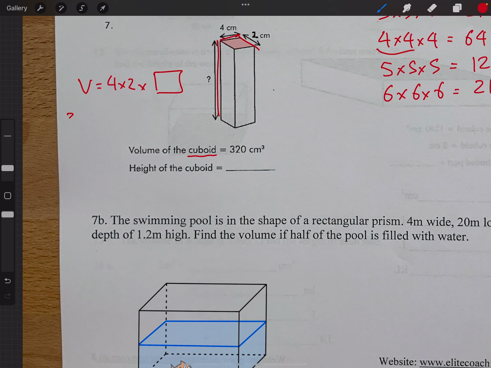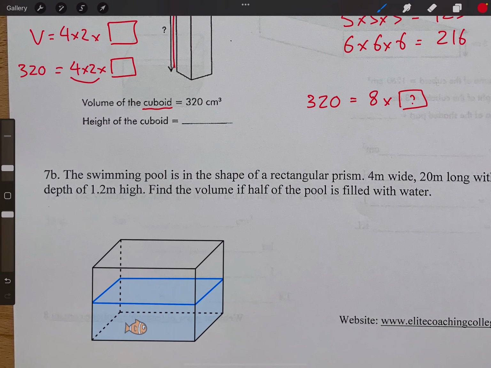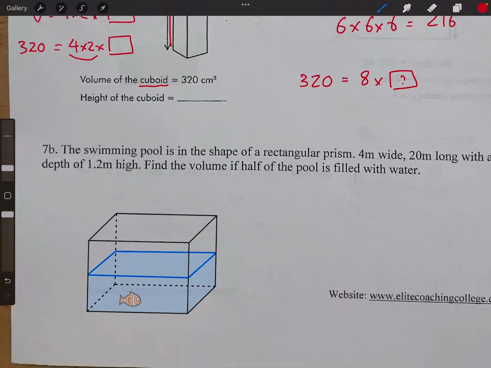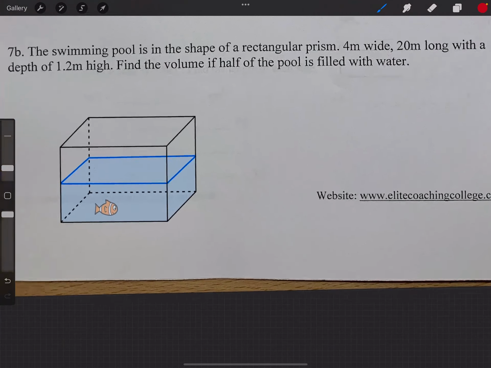And that's going to give you 320. So 320 is all those numbers multiplied together. Now we know that 2 times 4 is 8. So 320, I'm just going to write over here, is equal to 8 times something. Can you work out what that number is? Maybe using division.